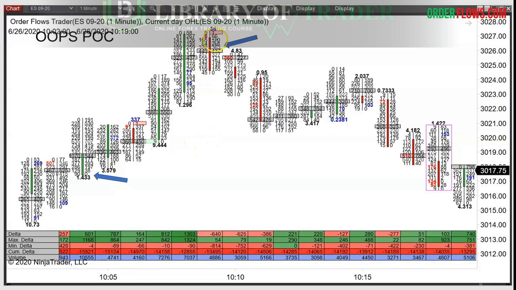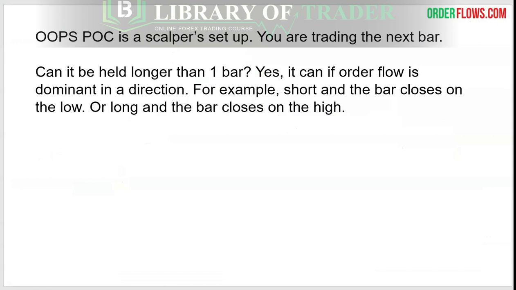Here we open well above the prior bar's POC, we close well below the prior bar's POC. Talking about borderline, here's one tick above, but we close right on the POC. Even though it worked out, I tend not to take those trades, right? I want a clear one like this one on the high, right? This one opened one tick below. Again, you could take it, but it clearly closed well above the POC.